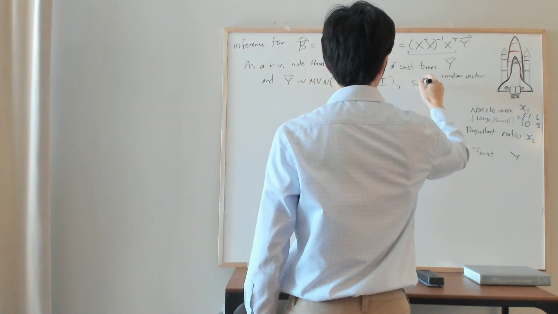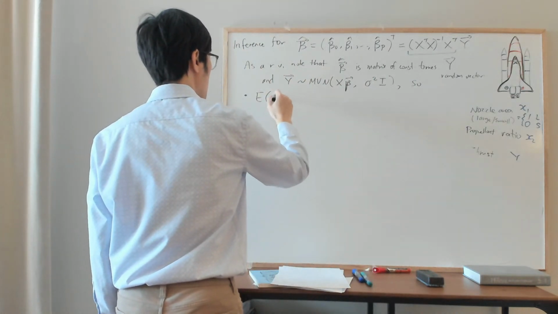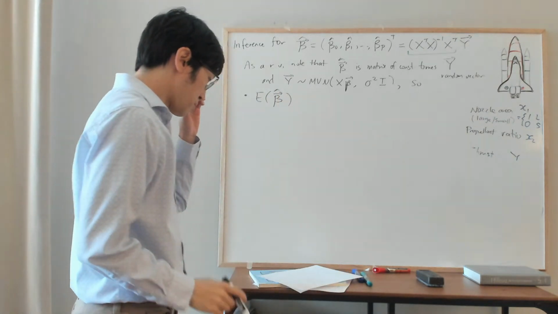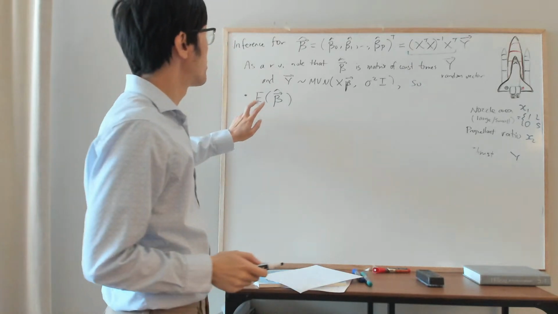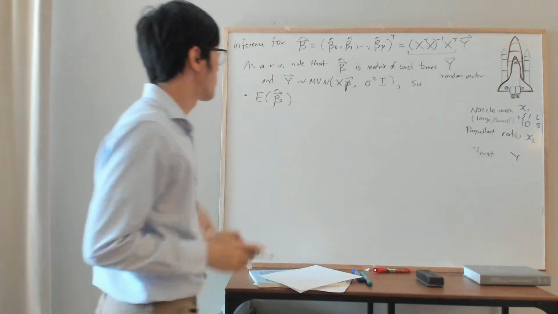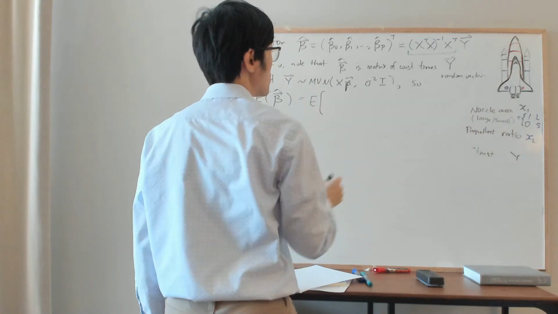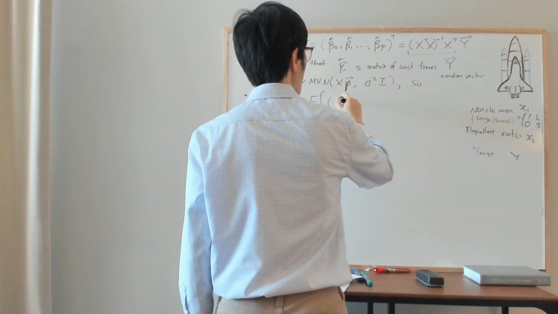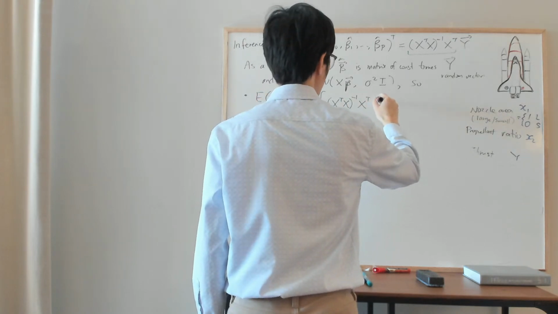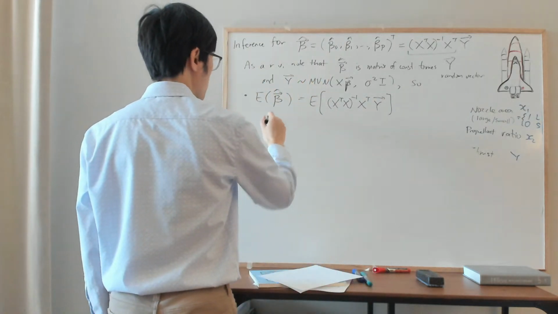So let's work out these expressions. Let's calculate the mean of the random vector. Let's plug in its definition: we have x transpose x inverse, x transpose y. Then use our rules.